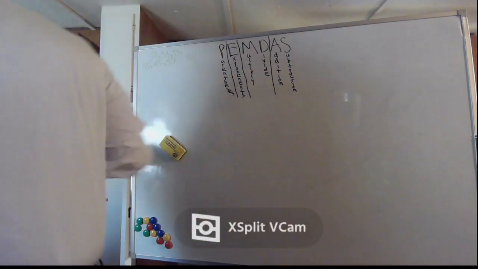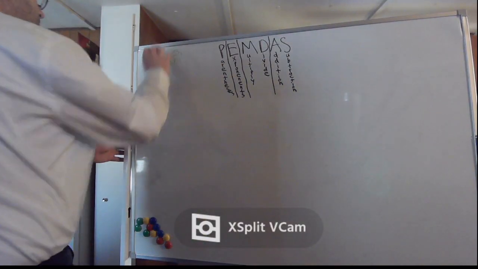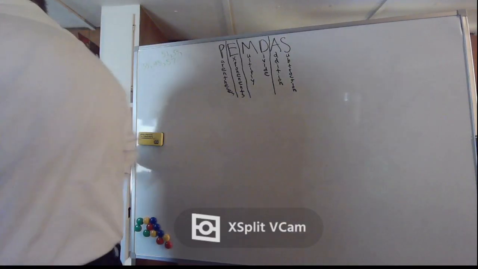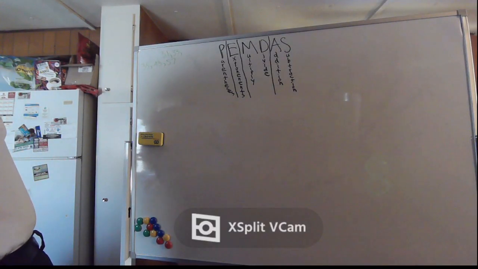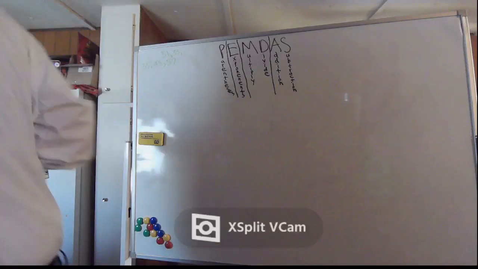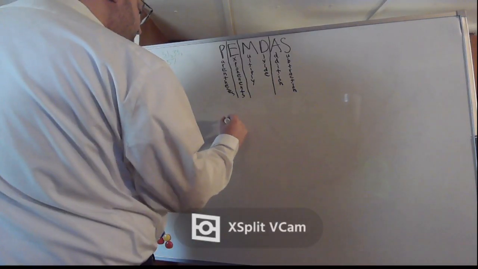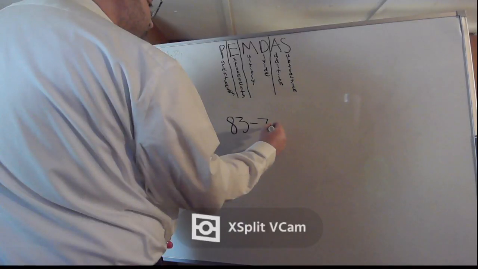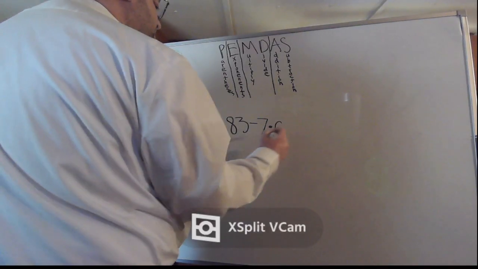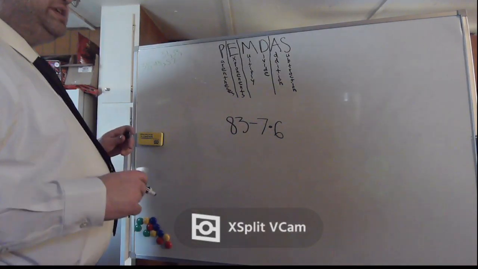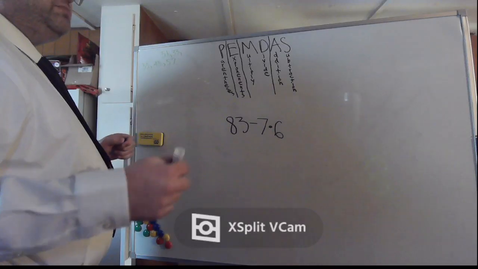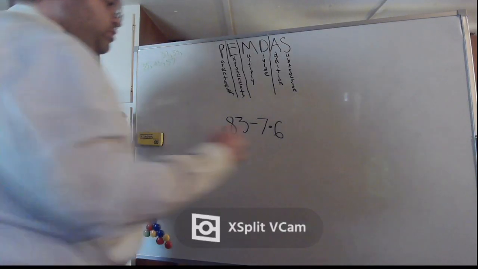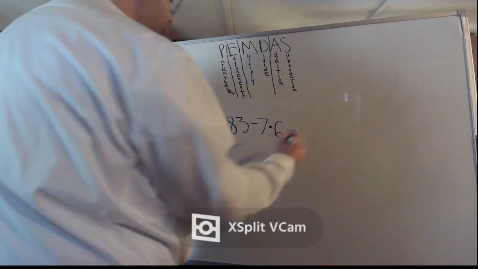All right, let's take it up a notch here. We have 83 minus 7 times 6. Notice we are using the dot symbol for multiplication. We're slowly trying to move away from using x for multiplication. So let's look at the order of operations here.